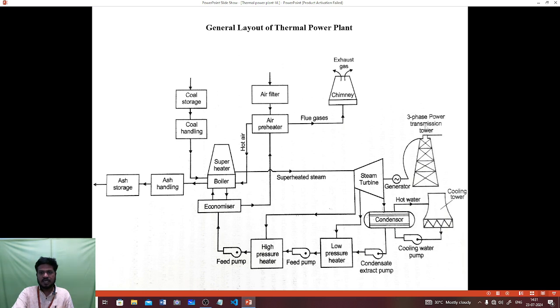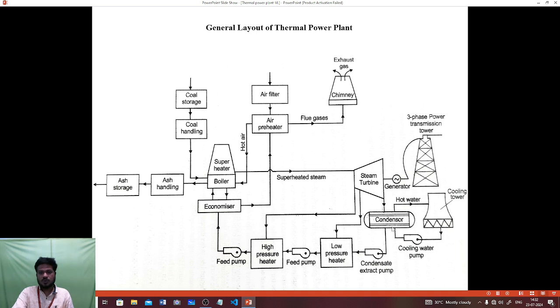Three-phase power is transmitted, and then it is converted by a transformer from AC to DC for future usage. And then the superheated steam extracted from the steam turbine is sent to the condenser, and the condenser's main process is converting the superheated, saturated steam into normal water.